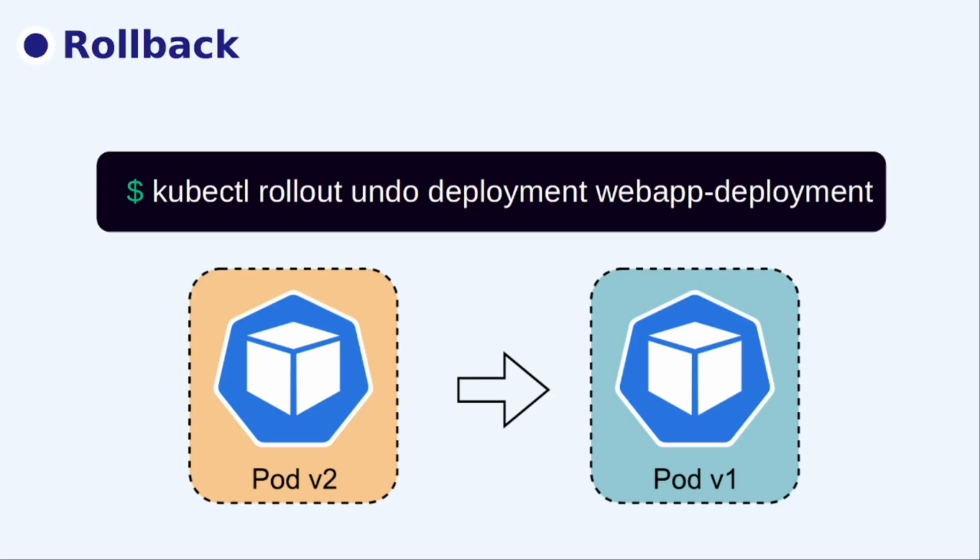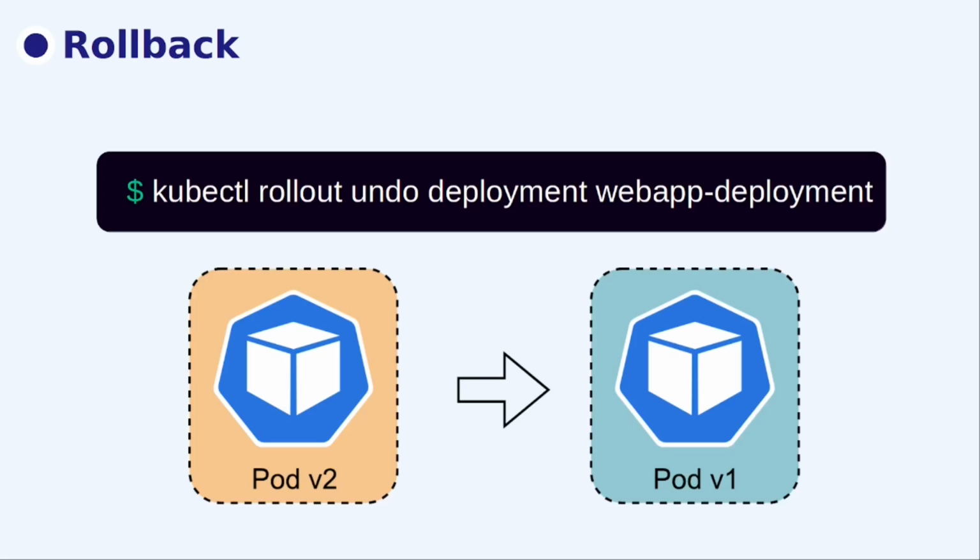This command tells Kubernetes to roll back the deployment to the previous stable version. Kubernetes will automatically stop the problematic pods and recreate the pods using the last working image version. The process is handled safely and gradually, so the application can quickly return to a stable state.